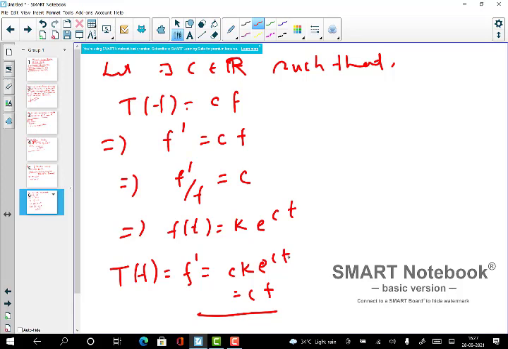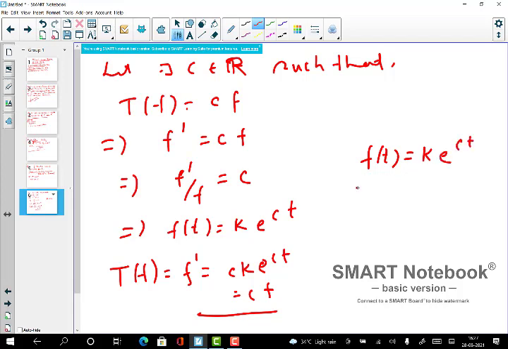So the eigenvalues are c, and with respect to c, the eigenvectors are of the form some constant times e power ct.